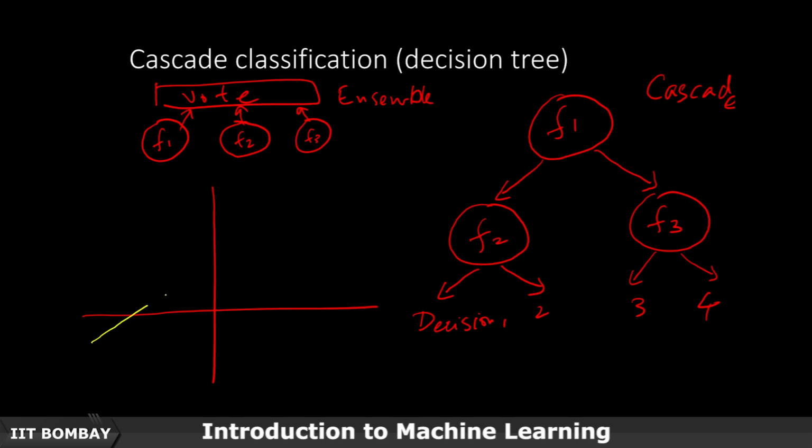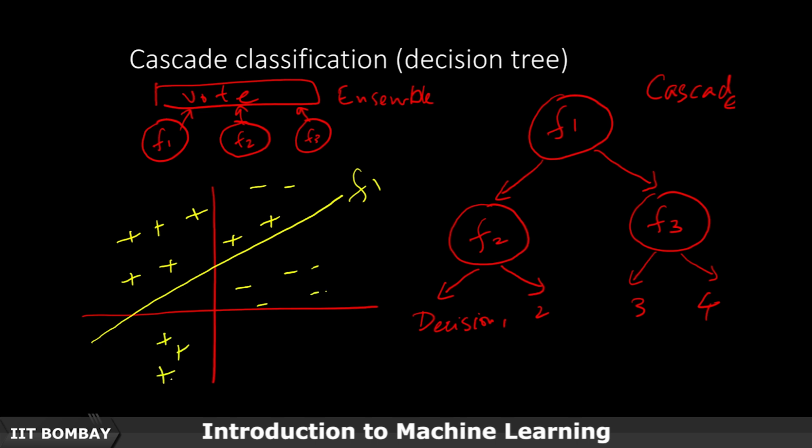Okay, so we have one linear classifier which is F1. Now here, let's say these are your positive points. These are largely positive. Okay, some of them are negative. These are largely negative. Okay, some of them are positive. Okay, so this is the best we could do with a single linear classifier.